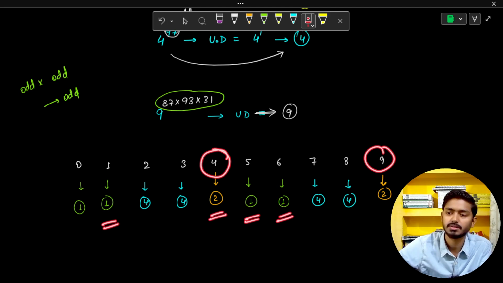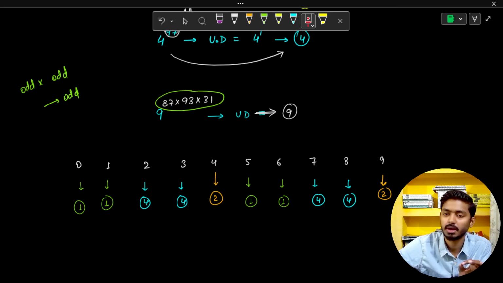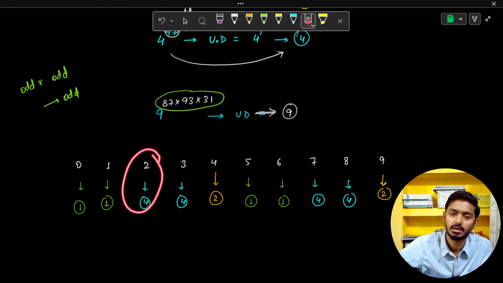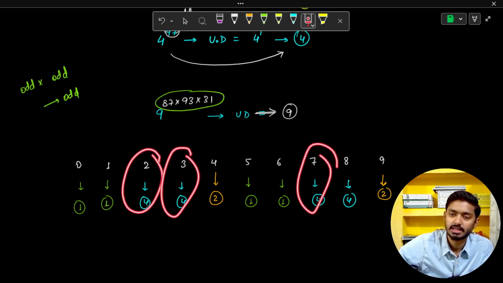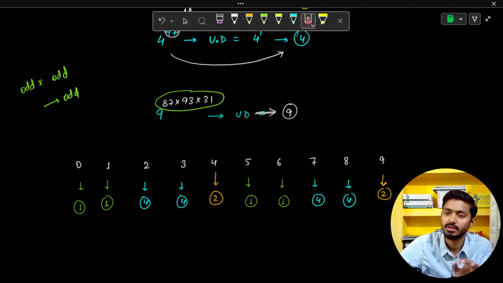That means we used even and odd in this case. We check if the power is even or odd and answer accordingly. About 2, 3, 7 and 8, we saw that there is no way out. We actually need to divide the power by 4 and we'll get our answer.